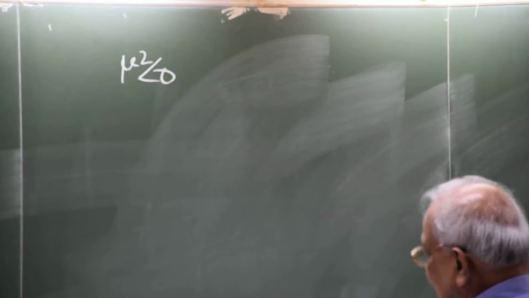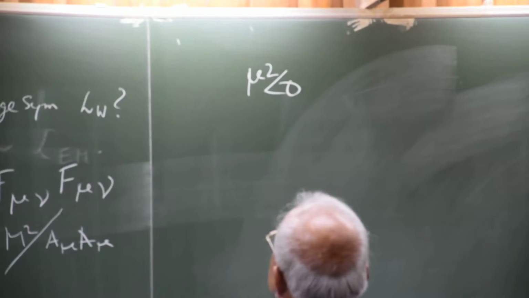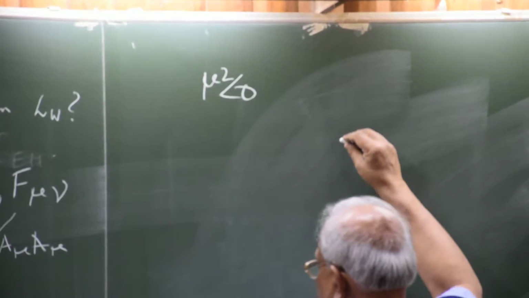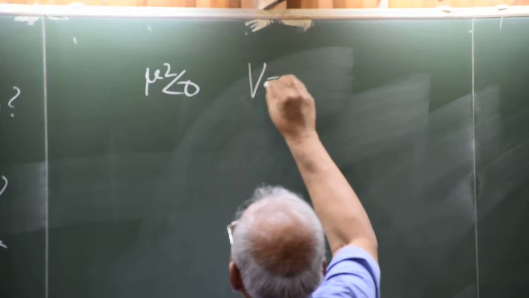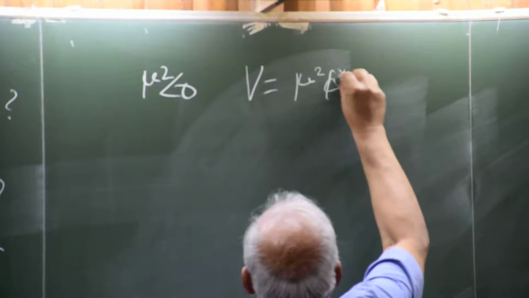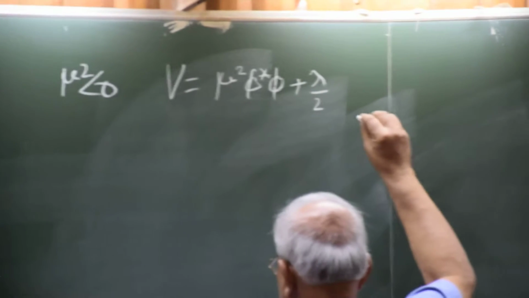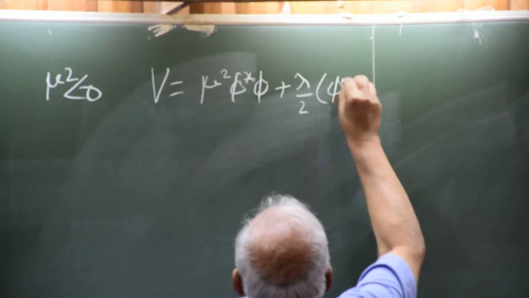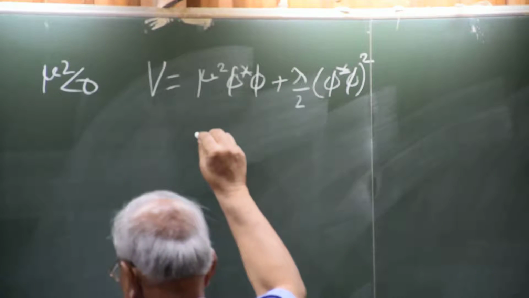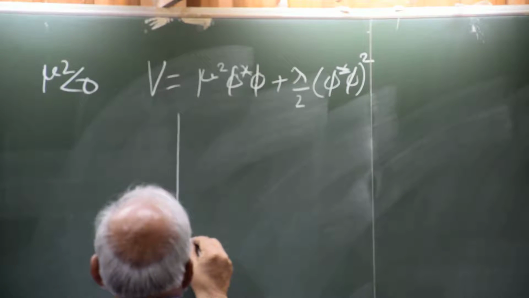Then you plot the scalar potential, which is mu square phi star phi plus lambda by 2 phi star phi whole square. So you plot it as a function of the complex field.